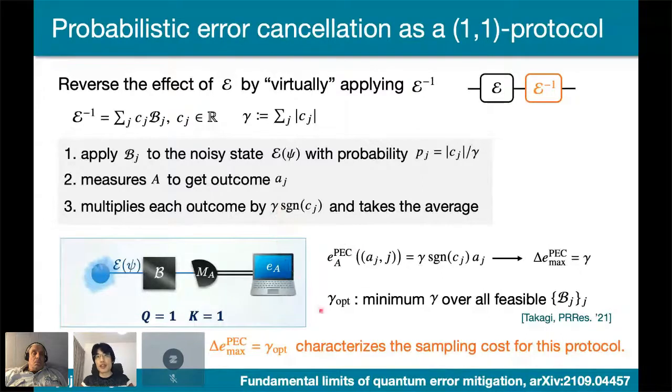This gamma factor was studied previously as the fundamental sampling cost for probabilistic cancellation. In particular, to get the ultimate capability of probabilistic cancellation, you need to take the minimization over all feasible sets of basis operations. I call it gamma optimal. In other words, this gamma optimal characterizes the sampling cost for probabilistic error cancellation.